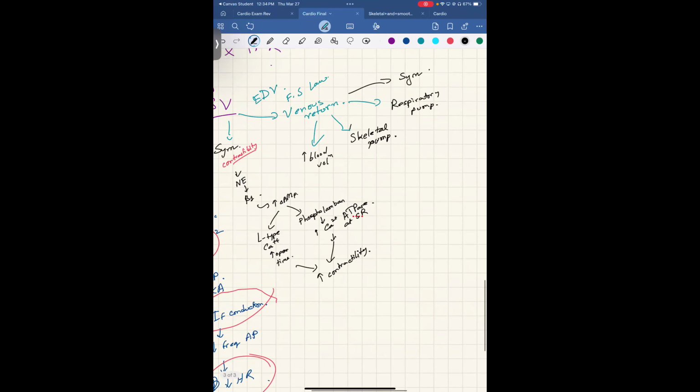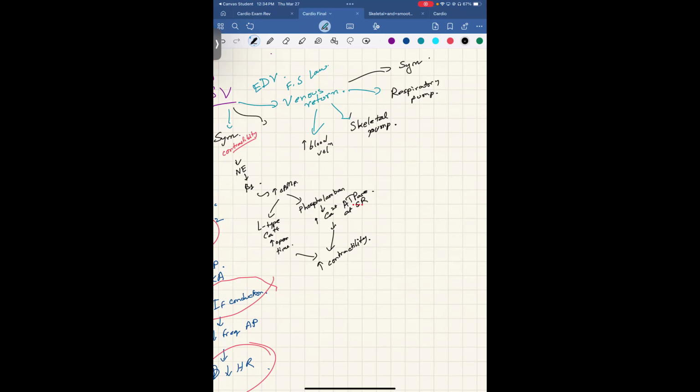Okay. Does stroke volume get affected by parasympathetic? Question. Who says yes? Who says no? You've got to have one opinion. Okay, it doesn't.